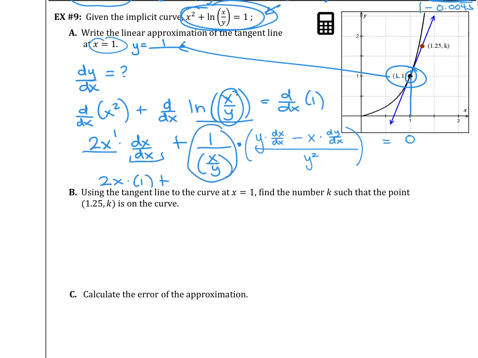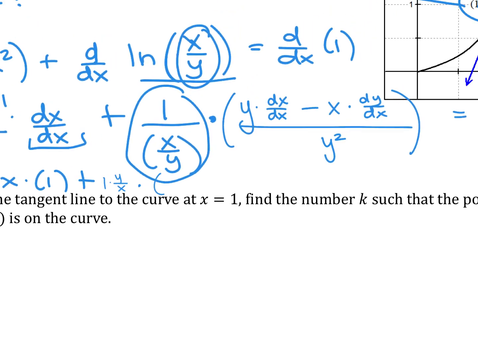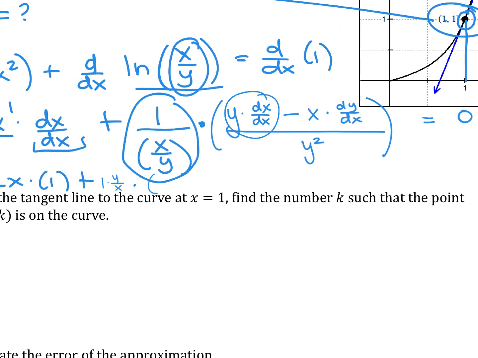If I take 1 over x over y, that's just really 1 times y over x, times, and then inside the parenthesis here, this is just y times 1, which is y, minus x times dy over dx over y squared equals 0.